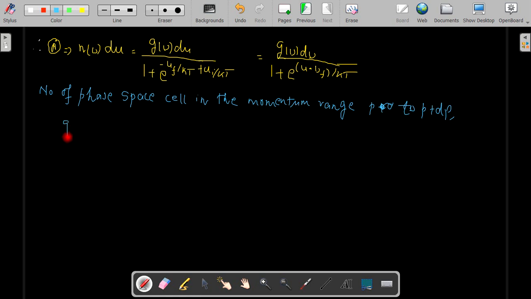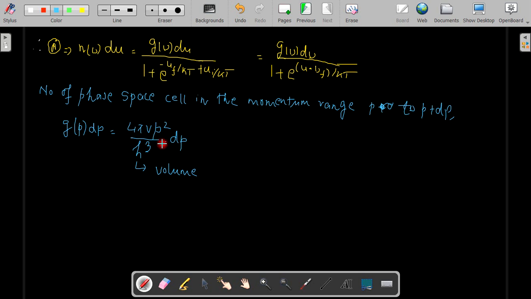You can simply write it down as g(p) dp is equal to 4π V p squared by h cubed. Here V is the volume, we are talking about a cubical space, so assuming it's a cube, this is volume.